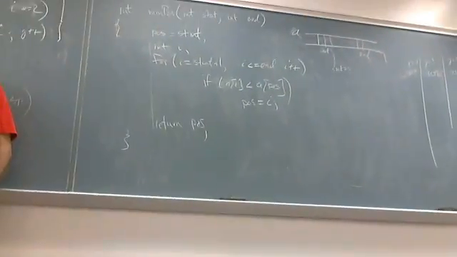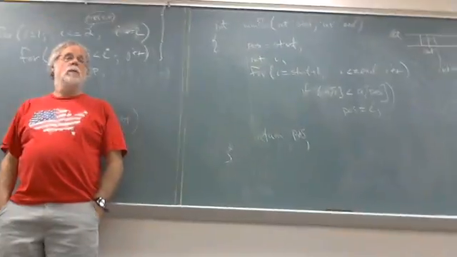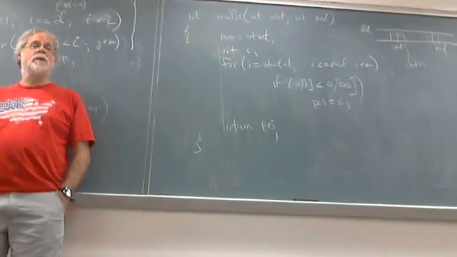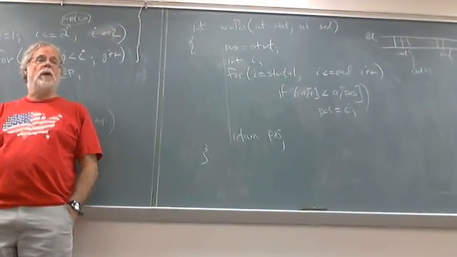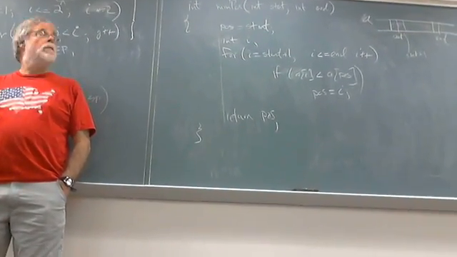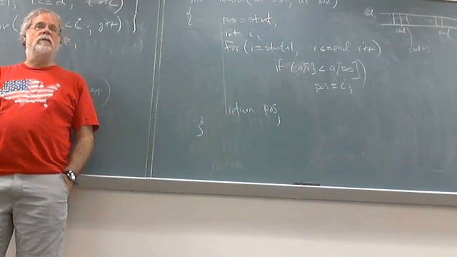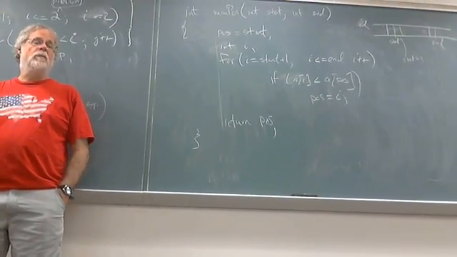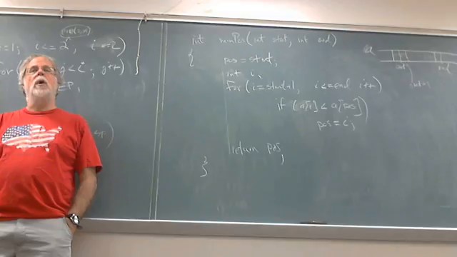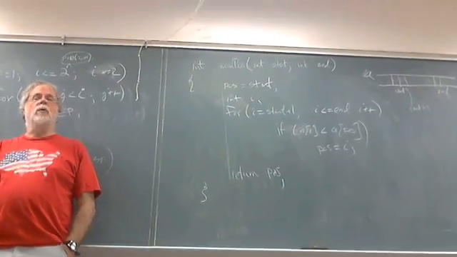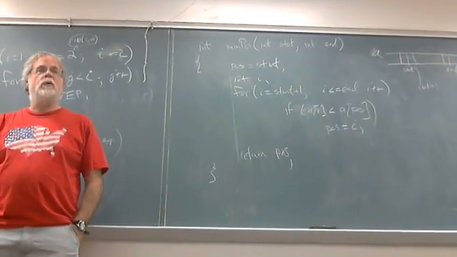Sure. Well, you need some value to start with. Sometimes people like to start with 0, but maybe all the numbers in the array are negative. So you want to start with some value that's in the array.